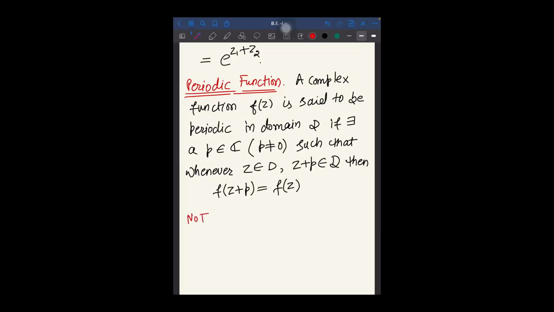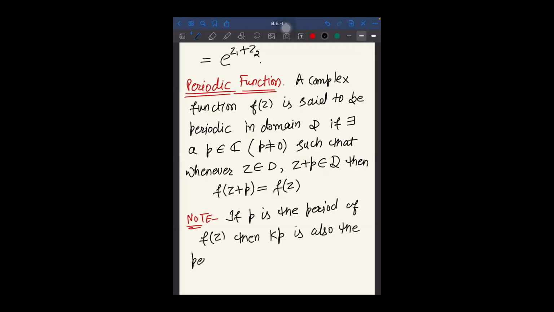So notice, if P is the period of f(z), then kP is also the period of f(z) for all k belonging to the integers. k has to be non-zero, right?